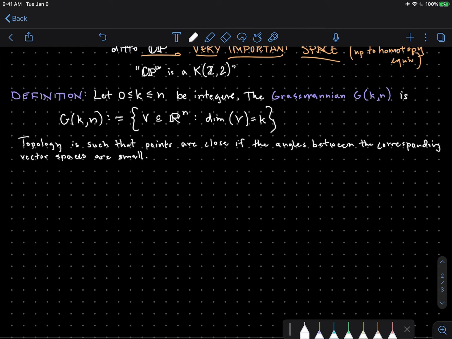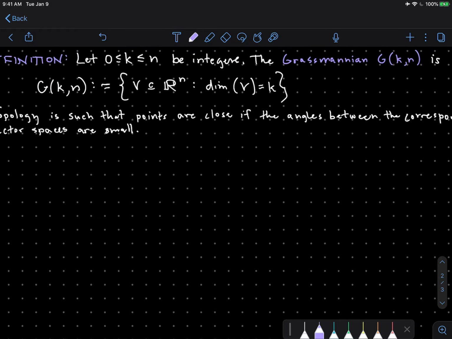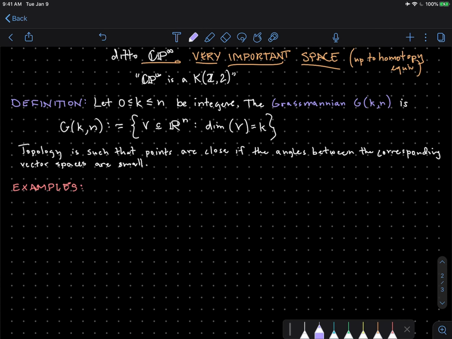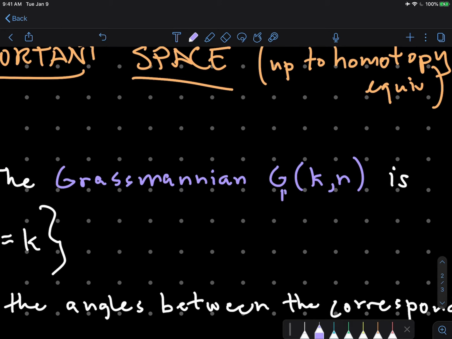So, important examples. Let me back up and also just say that technically I'm just defining the Grassmannian over the reals.